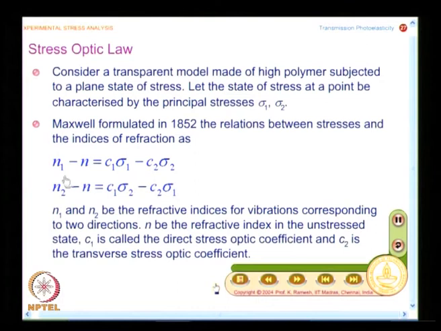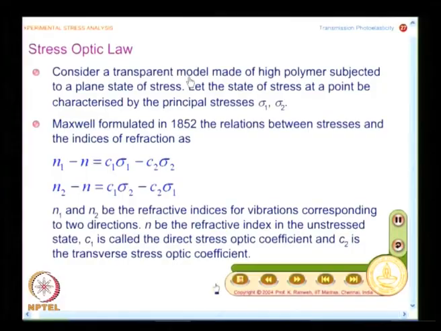We are interested in n 1 minus n 2. So, I subtract these two equations, then I can group the terms, and mind you that C 1 and C 2 depend on the transparent model material that I am going to use. So, there is a material parameter that comes in the formulation. Whatever I see is also a function of the material that I use.